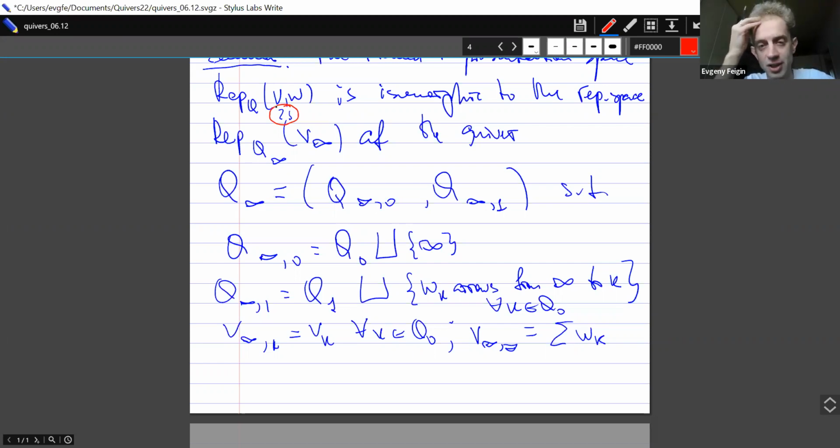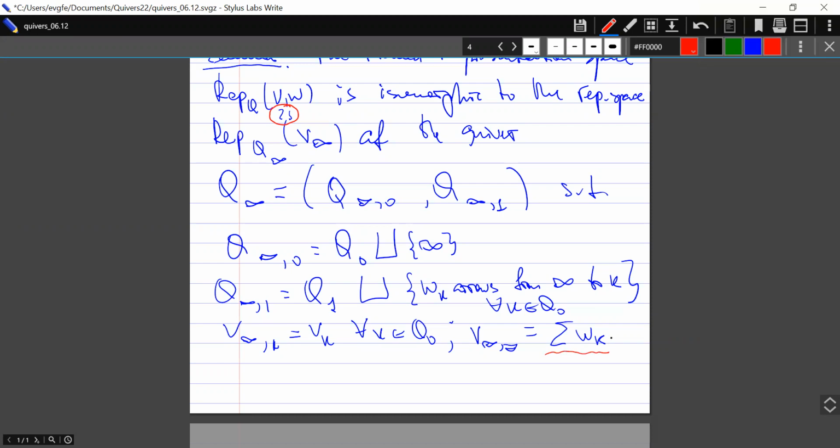We have the data for Rep of Q, V, so all the V-dimensional representations of Q. And clearly, since Q is contained in Q∞, this is there. And also we need homomorphisms from WK to VK. Is it what we want?